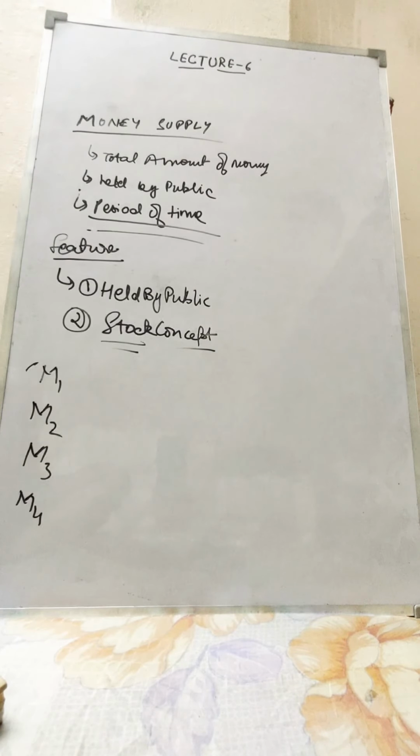Now calculating M1. M1 is the simplest formula, that is currency with the public in terms of coins or loose money, and then adding demand deposits of commercial banks and other deposits with RBI.